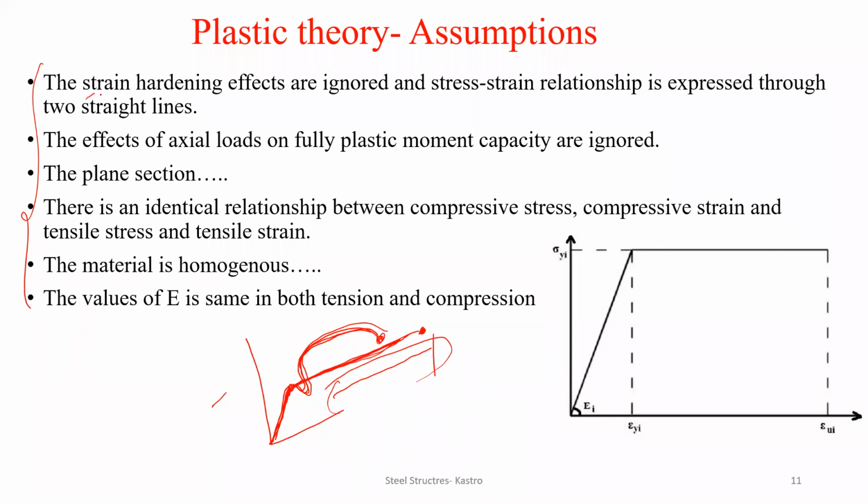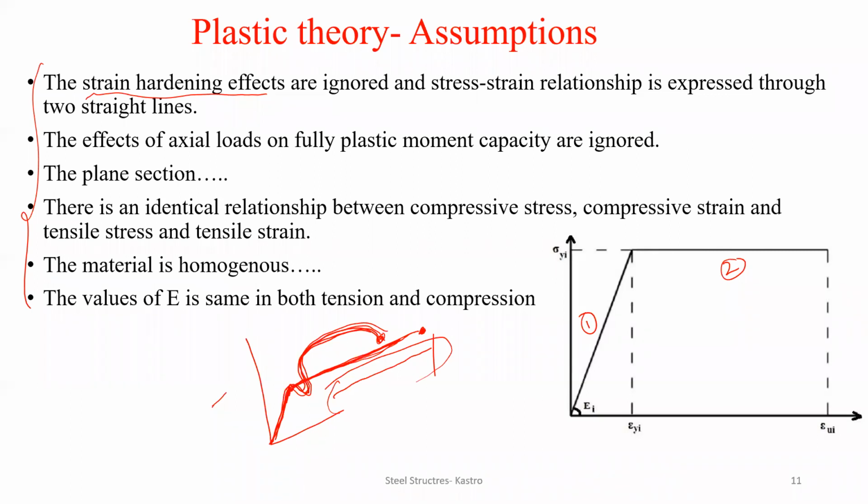Here you can see the first assumption: the strain hardening effects are ignored, and the stress strain relationship is expressed through two straight lines. That is, you have the first straight line and you have the second straight line. So this strain hardening portion is ignored in order to analyze the member using plastic analysis. This is the first assumption.